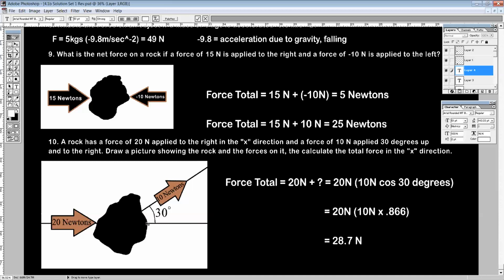So there's a total force pulling that rock to the right of 28.7 newtons. And we got there by calculating the cosine of 30 degrees, taking our force at the 30-degree angle of 10 newtons, multiplying that by 0.866, coming up with a final value of 28.7.